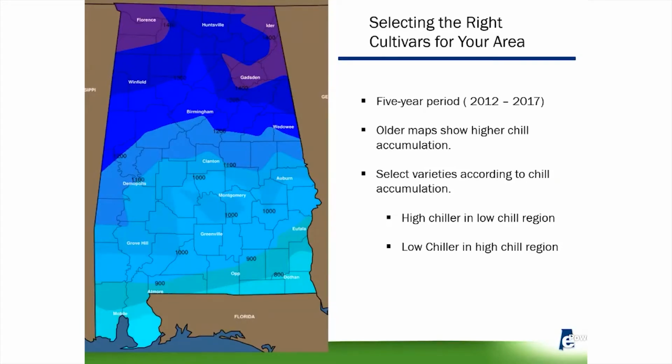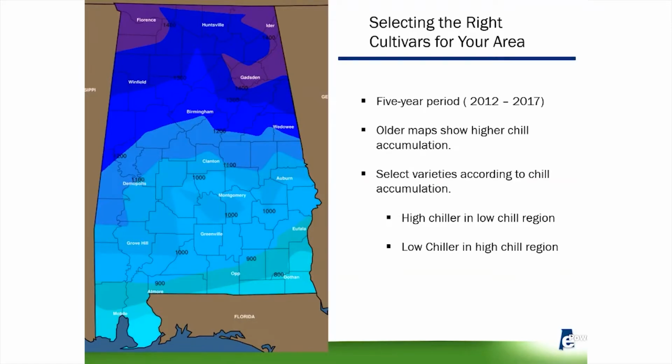Now, it's important to select the right cultivar for your region. And so we can see going from north to south, we get decreasing chill accumulation. In the north, as I mentioned earlier, there's rarely an issue with chill hour accumulation. It's mainly in central Alabama. This is an older map, and a newer map.